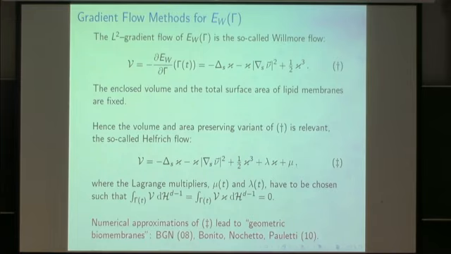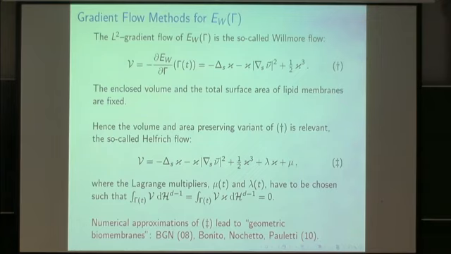But vesicles are basically incompressible, so their surface area is maintained, and because of osmotic pressures, the volume enclosed by these vesicles is also maintained. So the appropriate gradient flow for finding equilibrium shapes for vesicles is so-called Helfrich flow, where you maintain surface area and volume at the same time.